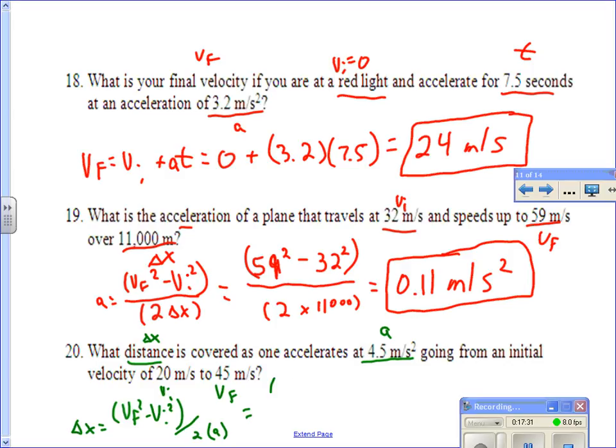So that's going to be 45 squared minus 20 squared over 2 times 4.5. Okay, and that answer is 181 meters.